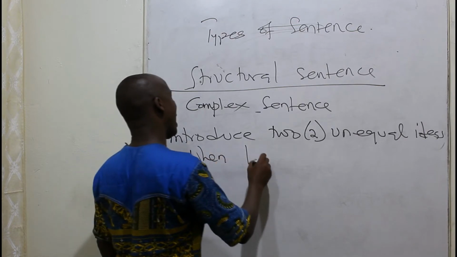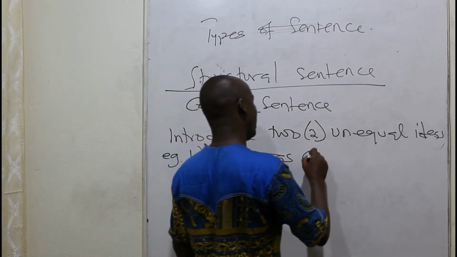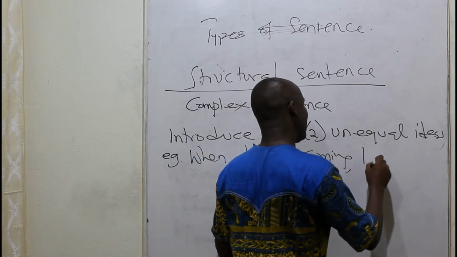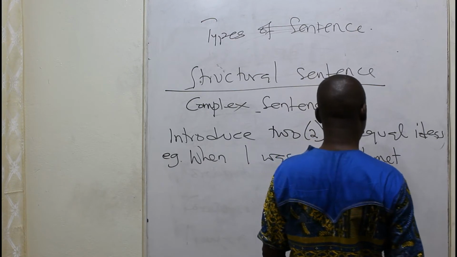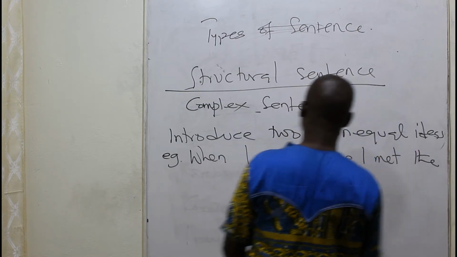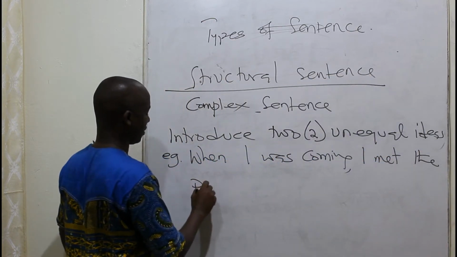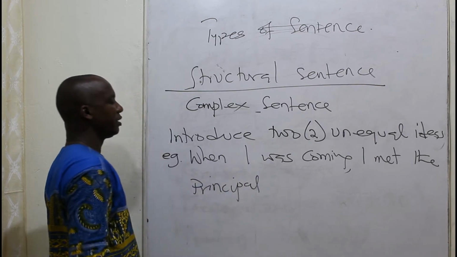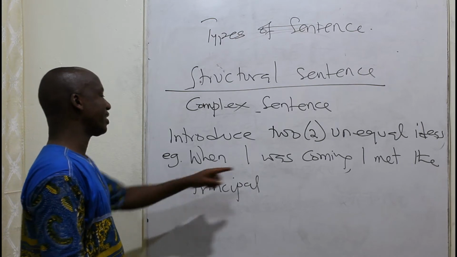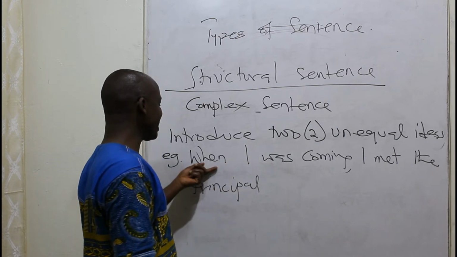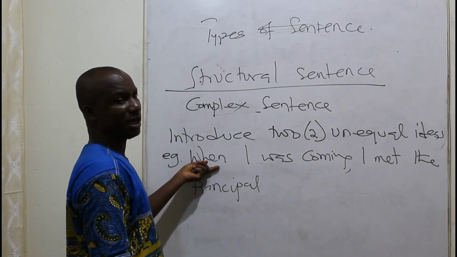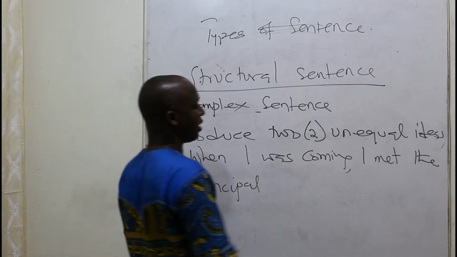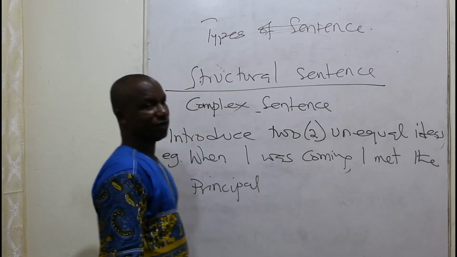When I was coming, I met the principal. The rule says that if you write a sentence this way, when you begin a sentence with a subordinating conjunction, you have to bring a comma in the middle of the sentence.